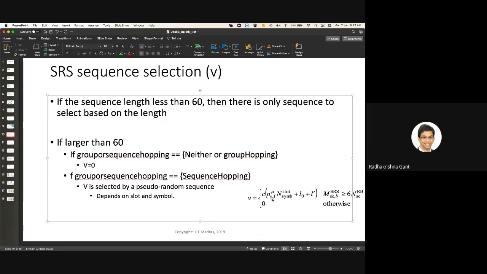You pick out the binary sequence, 0 or 1, based on L dash and slot number. So this is how the SRS sequence and group number are selected.